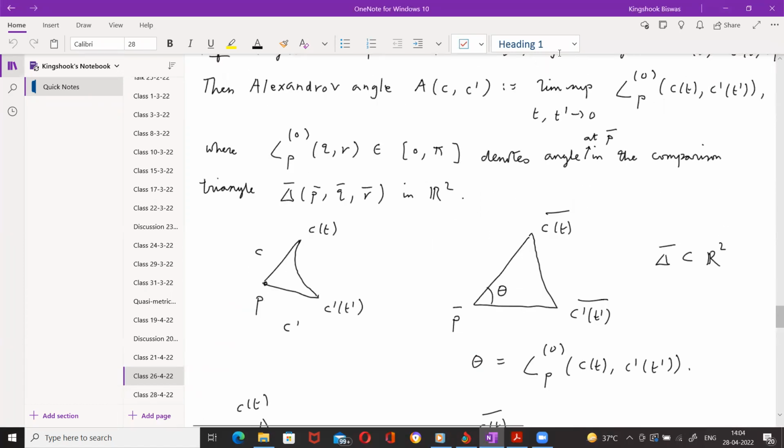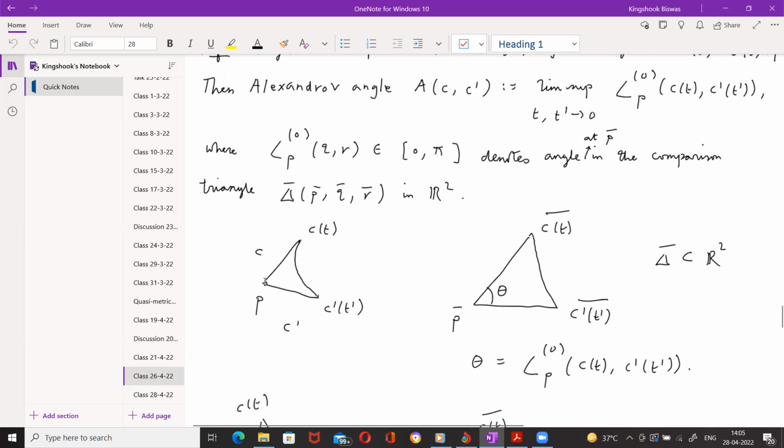Right, so here's the Alexandrov angle. It's the lim sup as t' tends to 0 of the angle at P between C(t) and C'(t') in the model space of curvature 0, which is R2. This angle denotes the angle at P bar in the comparison triangle P bar, Q bar, R bar, right?